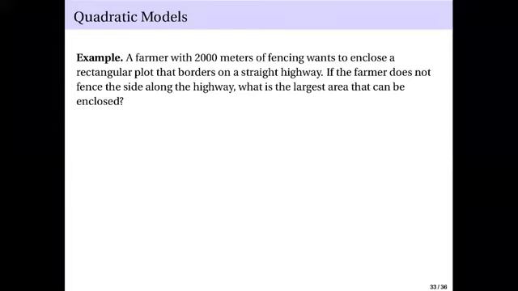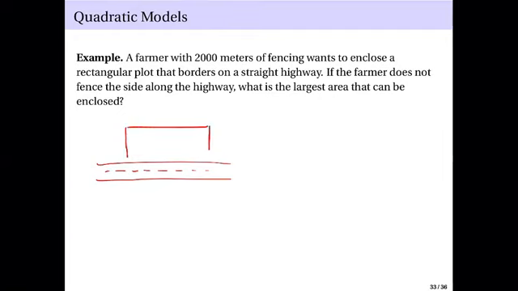So let us try to visualize the situation. There's a highway. This is, say, your highway. And then you have the farmer who wants to enclose a rectangular plot such that the side that runs just beside the highway is not included.